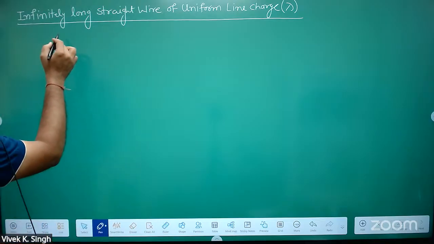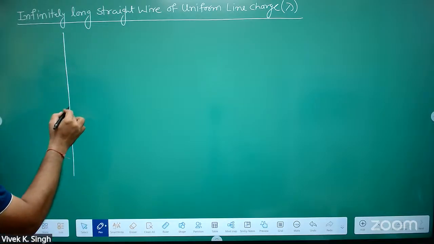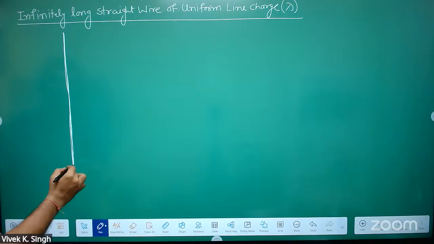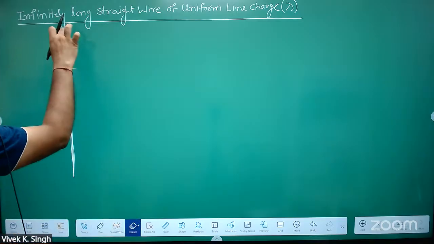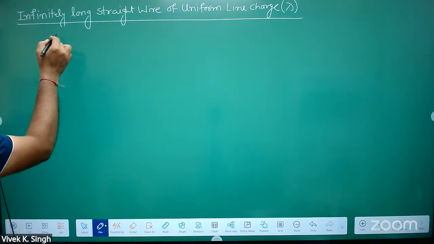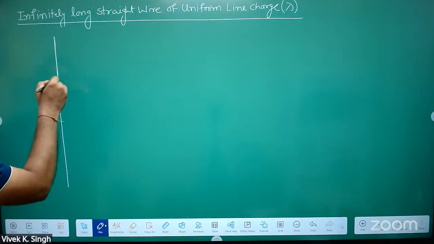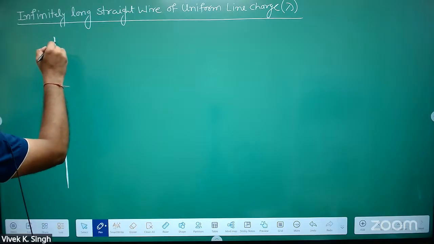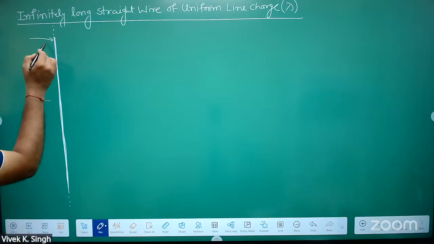So consider a very long wire. And lambda is charge per unit length.